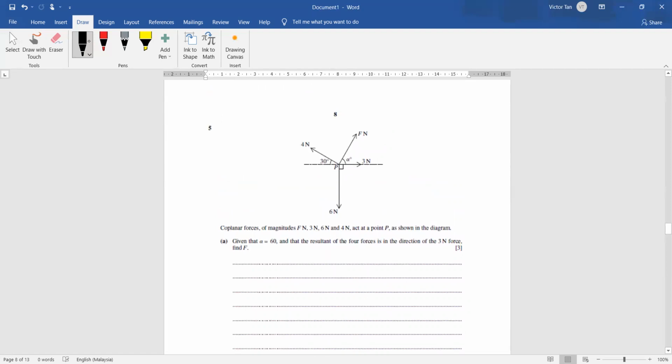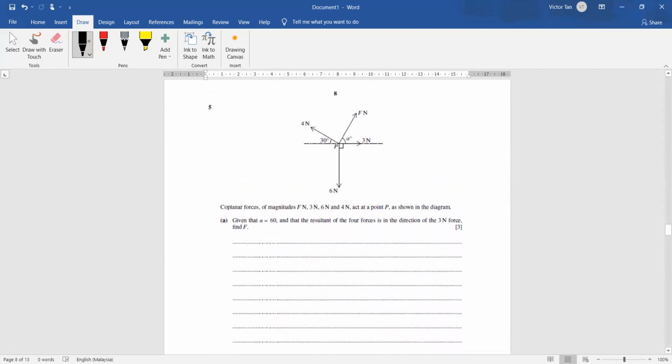Planar forces of magnitude F, 3 Newton, 6 Newton, and 4 Newtons are shown in the diagram. Given that alpha is 60 and that the resultant of the 4 forces is in the direction of the 3 Newton force, find F. Okay, so you have to resolve vertically. Vertically, it is in equilibrium. F sine alpha, which is the force going upwards, plus 4 sine 30 equals 6.